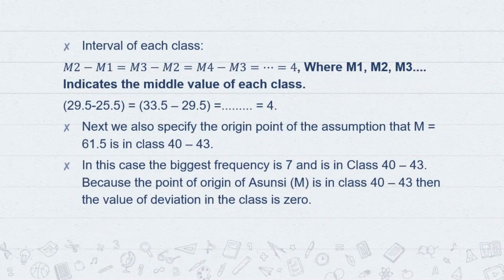In this case, the biggest frequency is 7 and is in class 40 until 43. Because the point of origin of assumption is in class 40 until 43, then the value of deviation in this class is 0.